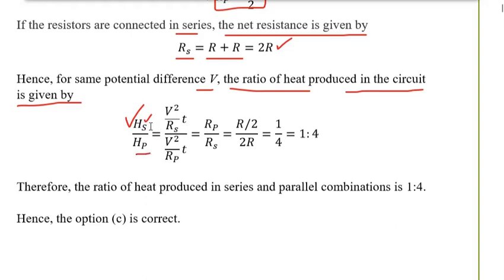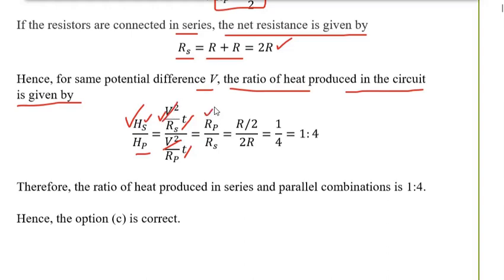So here it will be V square by Rs into T over V square by Rp into T. Here T cancelled out, V square cancelled out.